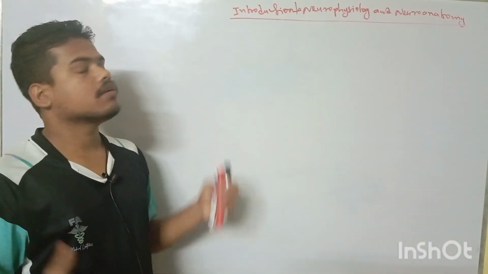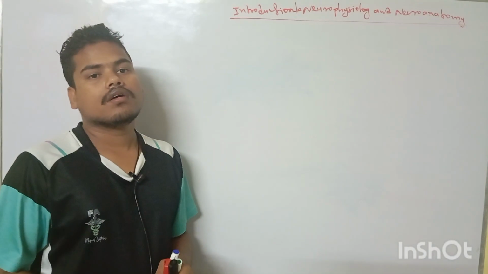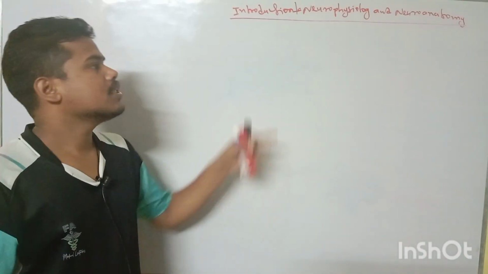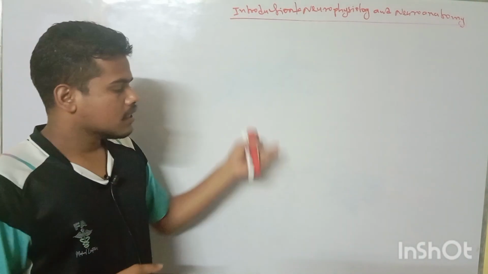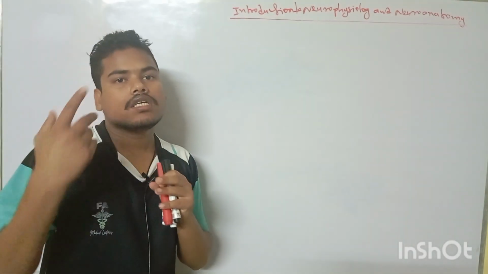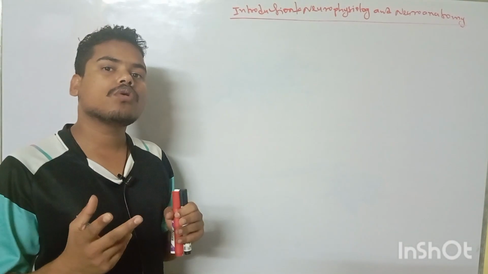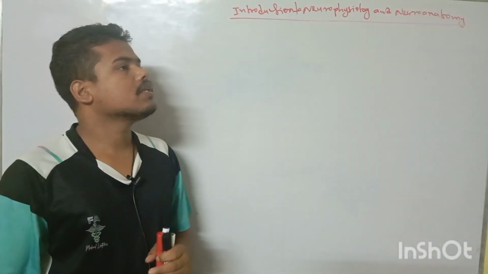This is the main aim or main function of the nervous system, meaning that this is the control system. Control system means if anything is going to control another thing, then what will happen there?